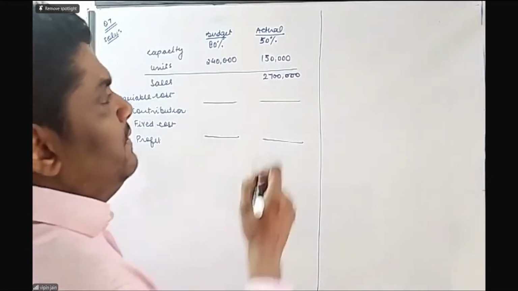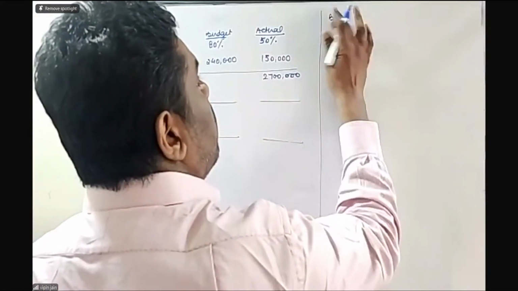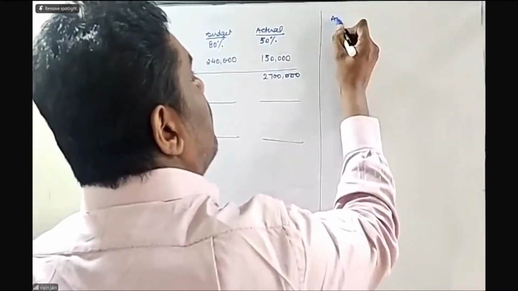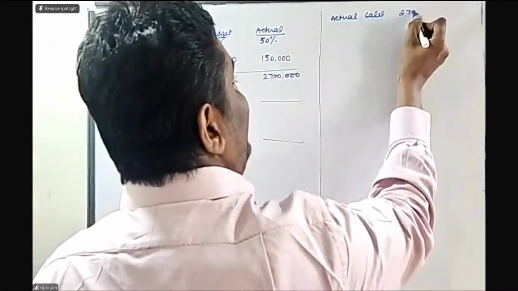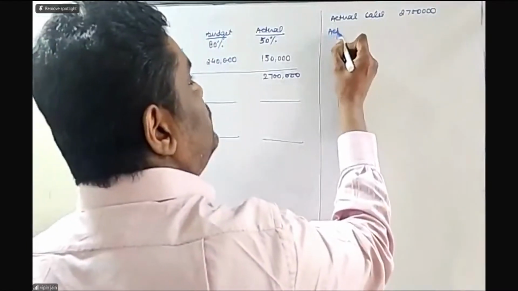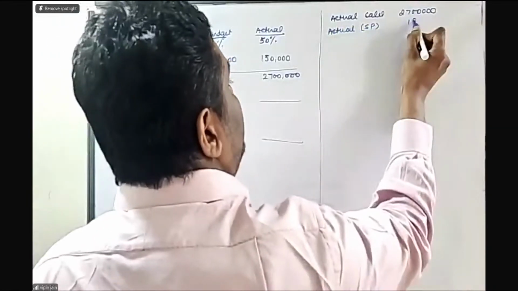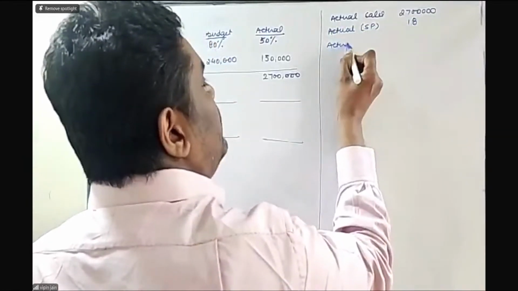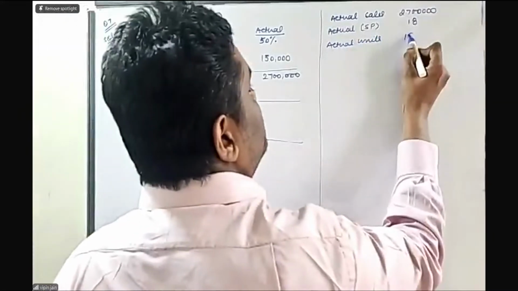So see, guys, my actual sales is given as 27 lakh. My actual selling price is given as 18. So actual units will be 1,50,000.